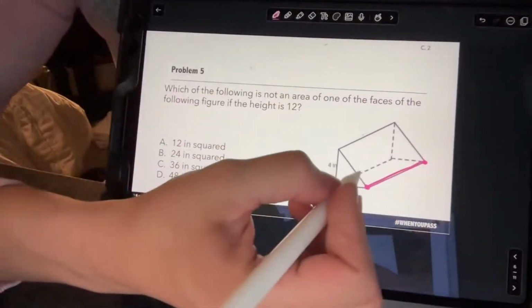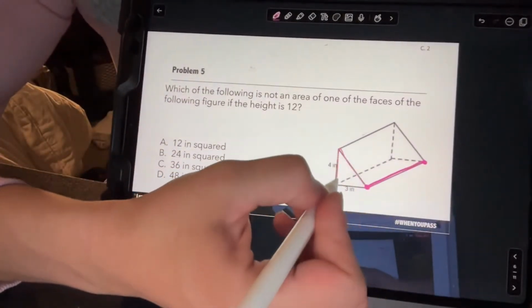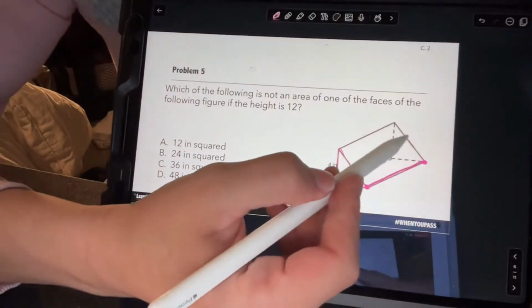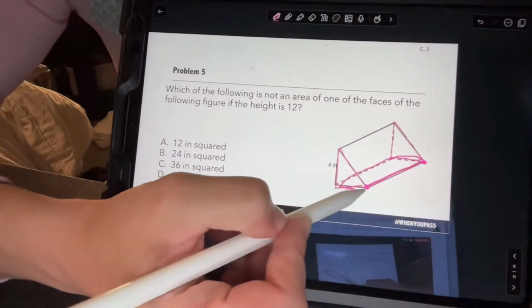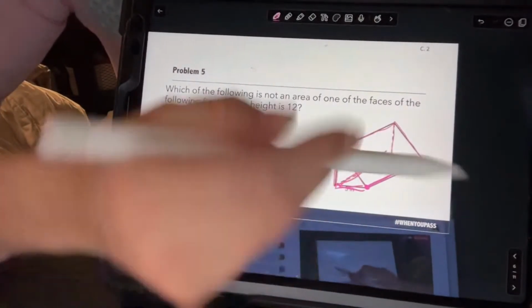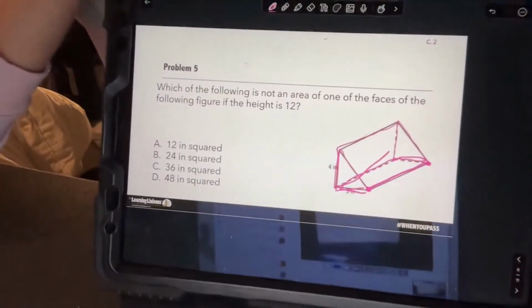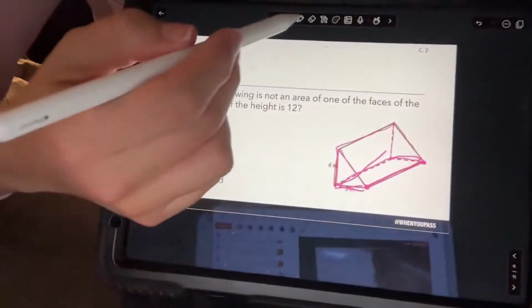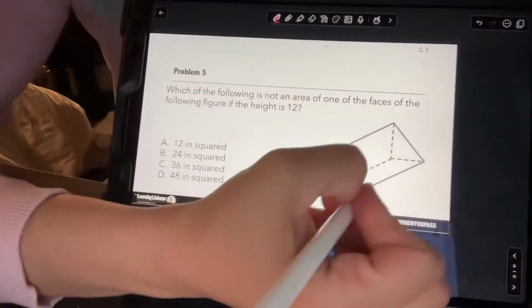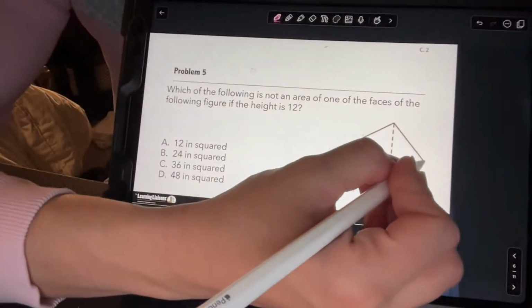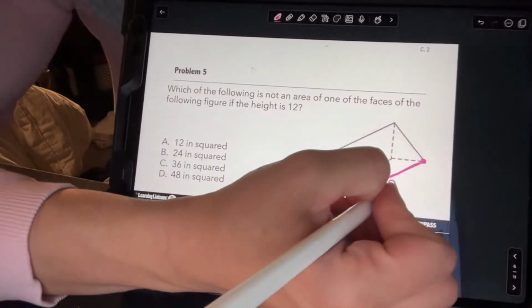In this situation, this is a triangular prism because I have two triangle bases that are connected by rectangles. And so when we look at this, this is the height right here, and they tell us that the height is 12.